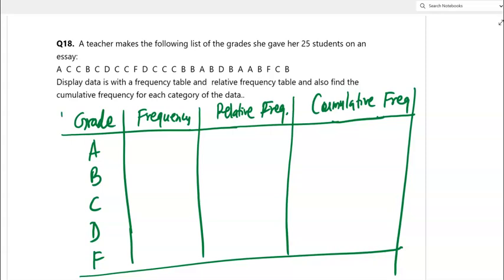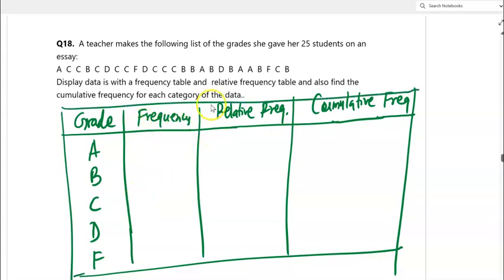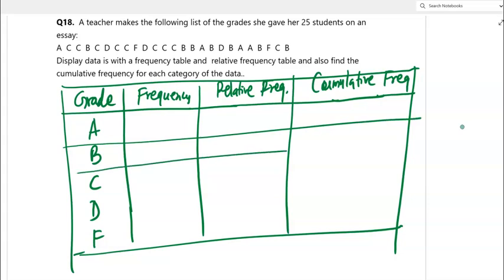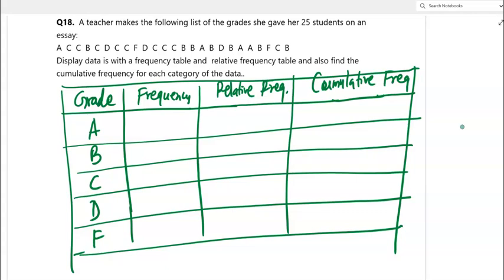This is called a frequency distribution, or relative frequency distribution, or cumulative frequency distribution. So let's find the frequency of each category, A, B, C, D, and F. For A, the number of times the data is repeated is called frequency. A has 1A, 2A, 3A, 4A. So the frequency of A is 4.